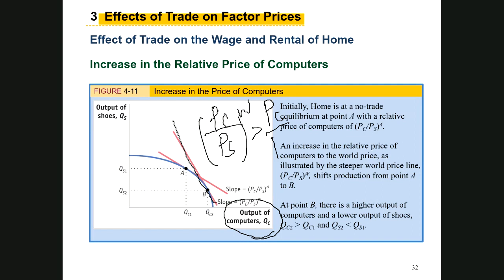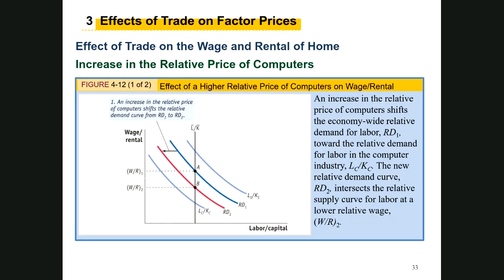than autarky time. So if we go back to the relative demand and supply in the labor market, the computer sector produces more. So they will need more capital in that sector.